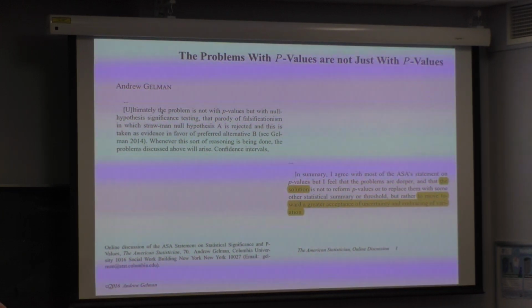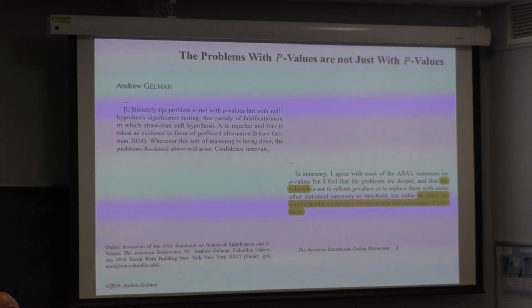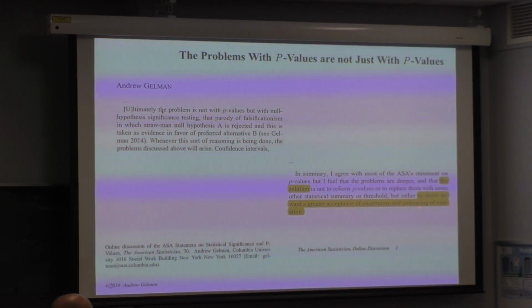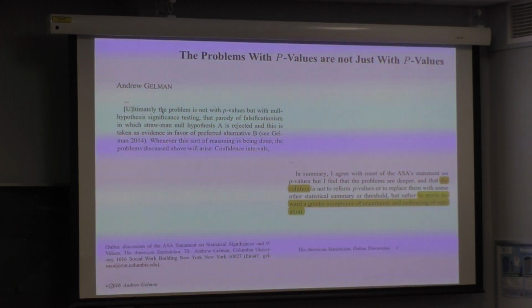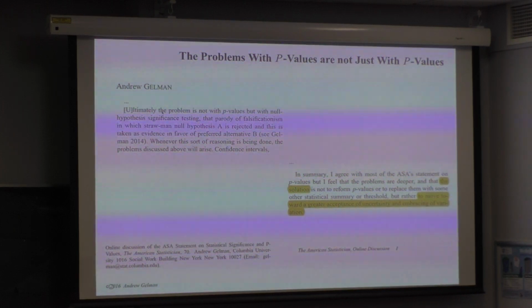But what I like about this is that it highlights the essence, at least, of what I think Bayesian statistics, and statistics in general, should be. The solution to dealing with p-values, or the approach to testing, is to move towards a greater acceptance of uncertainty and embracing variation. What that means is that normally having just one value to summarize your decision is not enough, right?